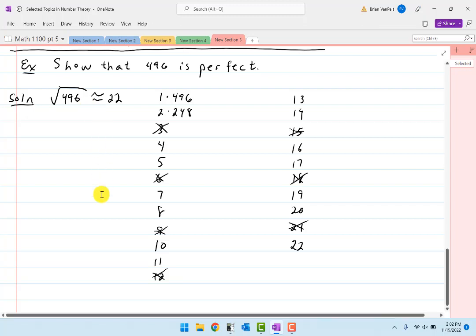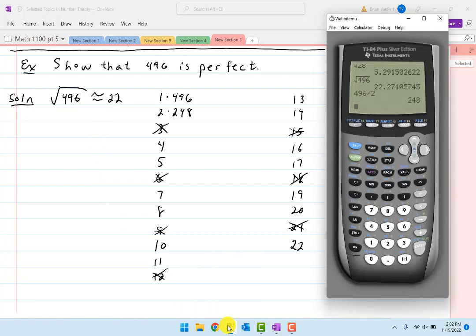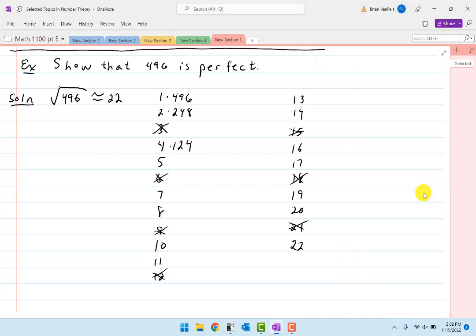Now let's go ahead and try 4. 496 divided by 4 gives us 124. We know that 5 does not go into 496 since the number does not end in a 5 or a 0. Since 5 doesn't go into it, neither does 10, nor 15, which I already canceled, nor does 20.